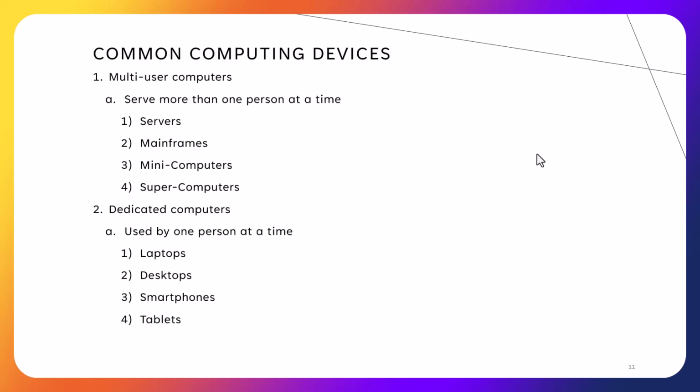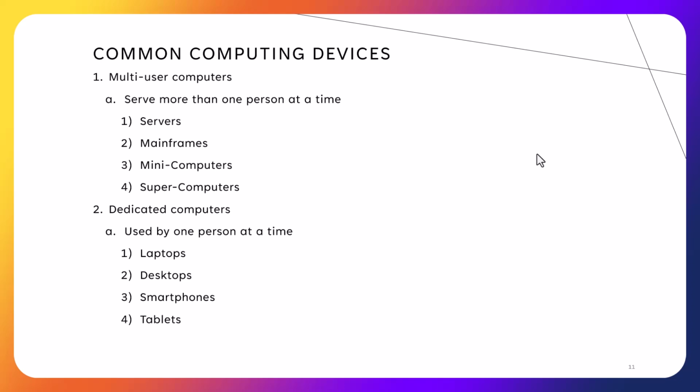Common computing devices. For this exam, it's more important to know the names of these things. The only one you're really going to see, at least early in your career, unless you're working in a very specialized industry, are servers. These are multi-user computers. That means more than one person will access them at the same time, not on a directly attached keyboard and monitor, but through other computers.